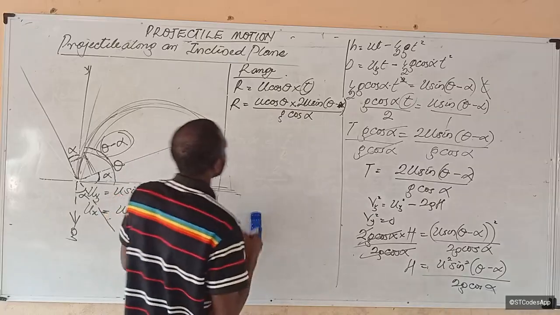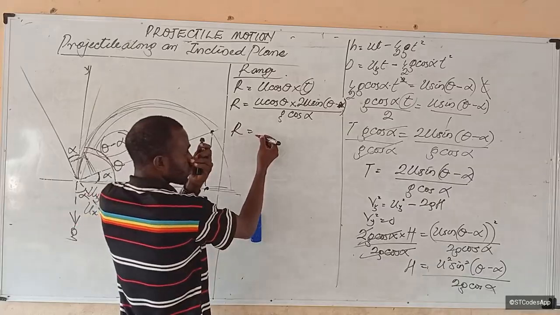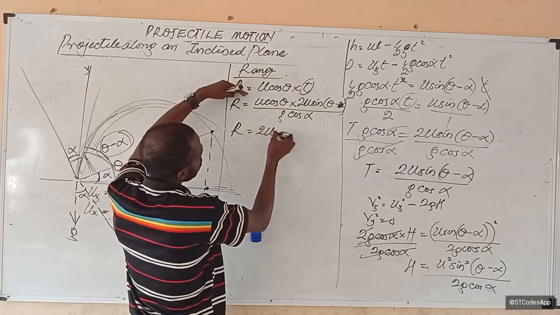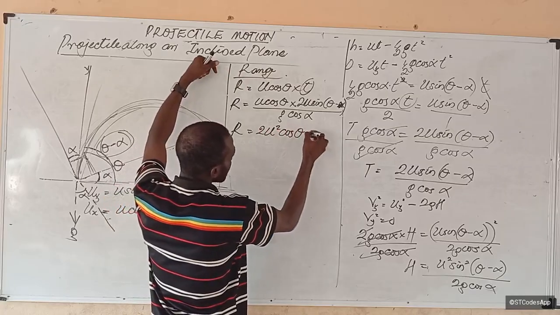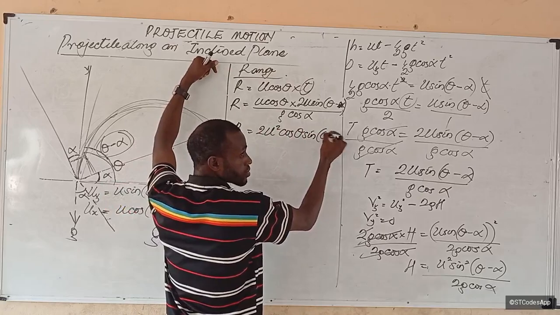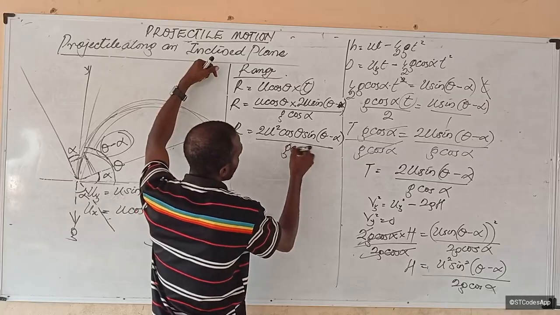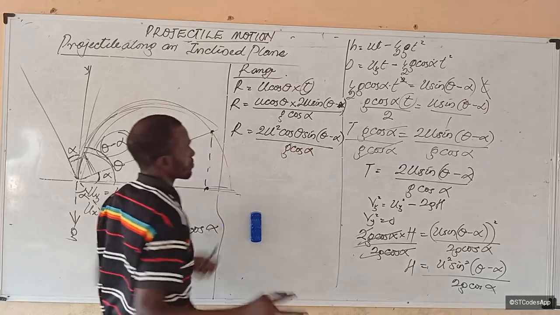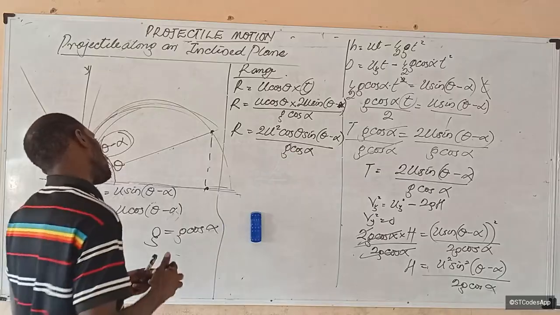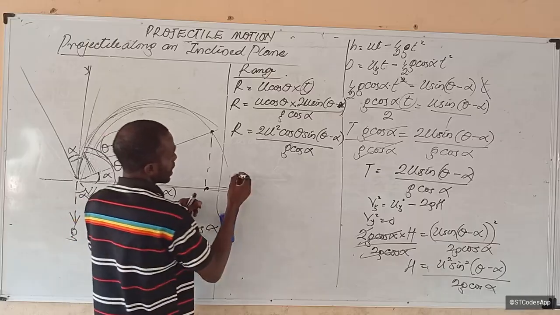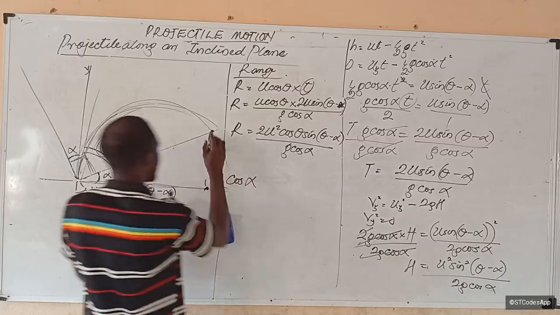Okay, so if that's the case, then our formula for range changes to u cos theta times this. So that would be 2u squared cos theta sine theta minus alpha all over g cos phi. Is it clear now?